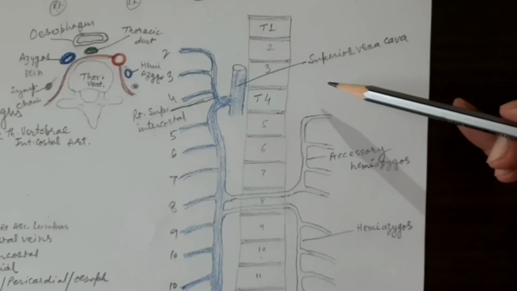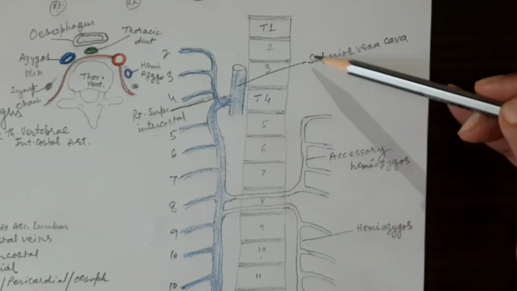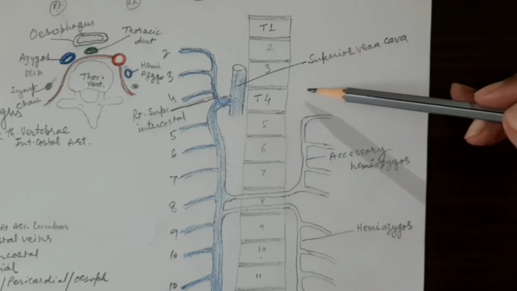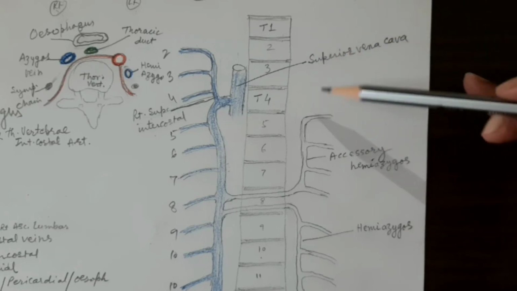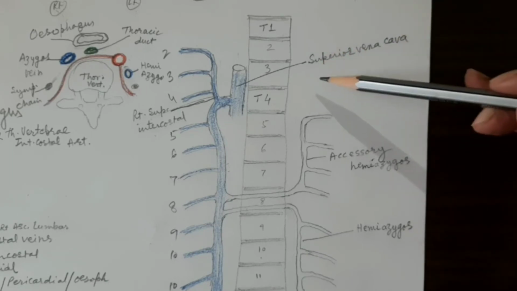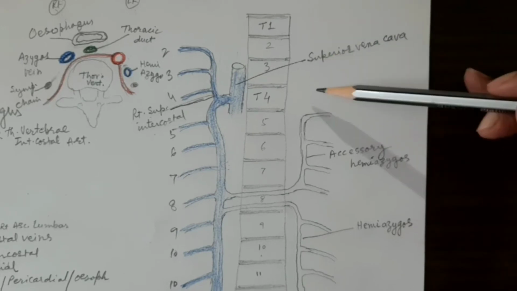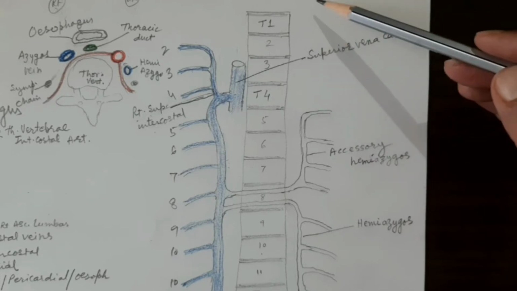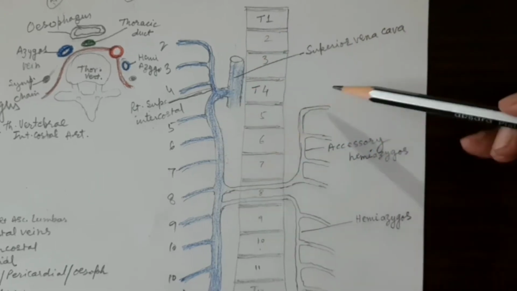There is a left superior intercostal vein, but it will not drain to the azygos system; it will drain to the left brachiocephalic vein. We are not dealing with it because it is not a tributary of the azygos vein.